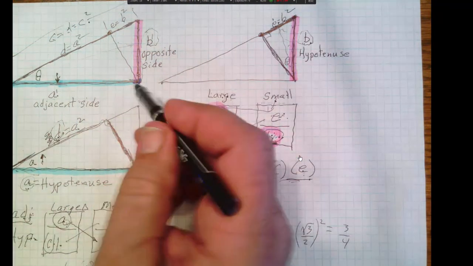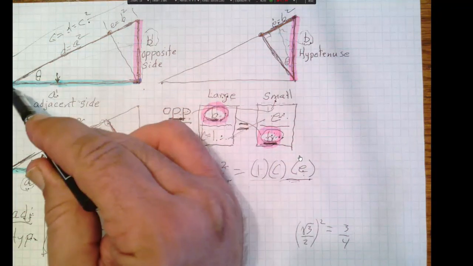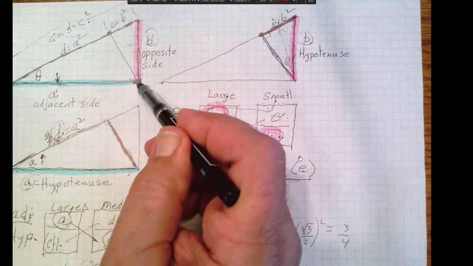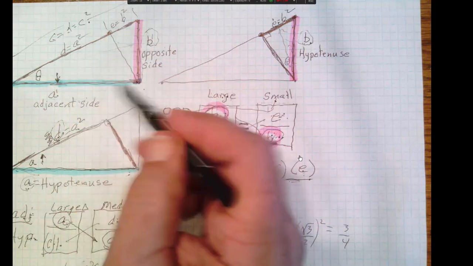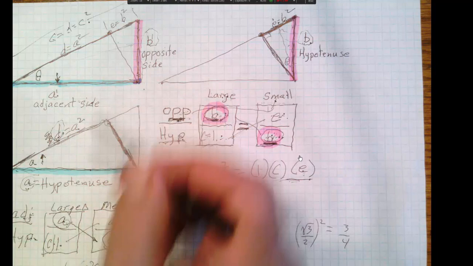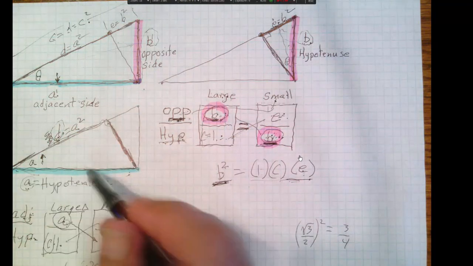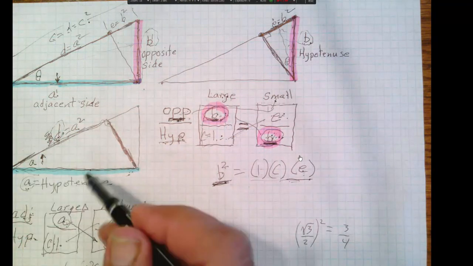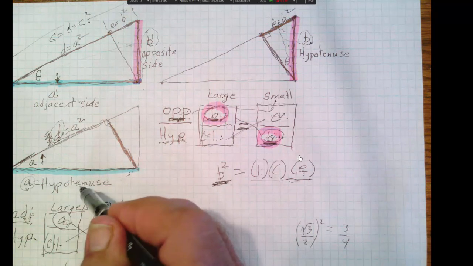The same interesting thing has happened with this blue color-coded line segment. Here in this largest triangle, it's playing the role of adjacent side. Okay, moving on. Down here for this medium triangle, this exact same side has reversed its role, and it's playing the role of hypotenuse.